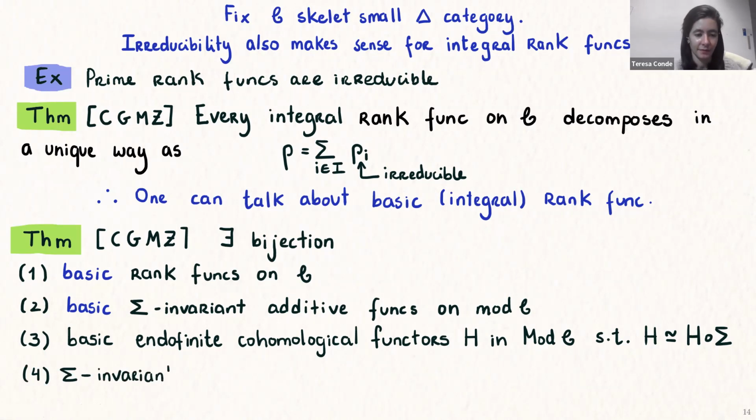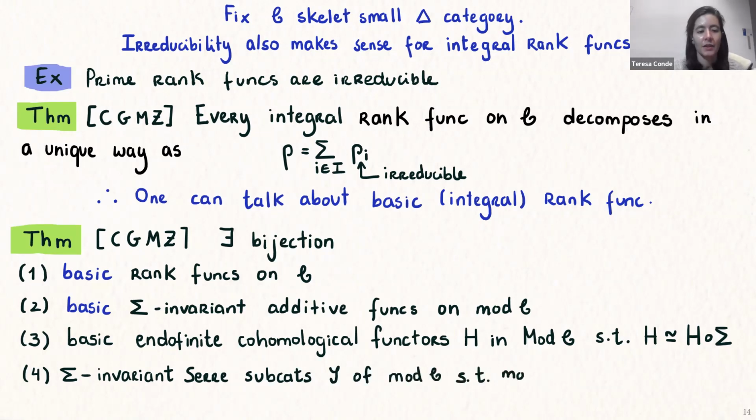And in its turn, these are also in bijection with sigma-invariant Serre subcategories of small mod C, such that the corresponding Serre quotient is an abelian length category.